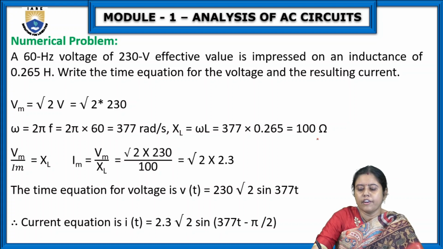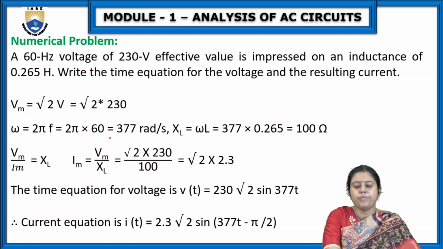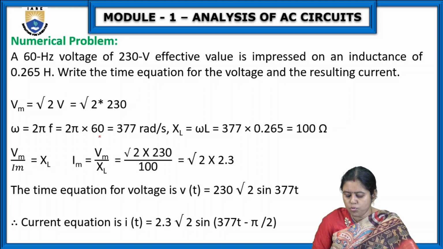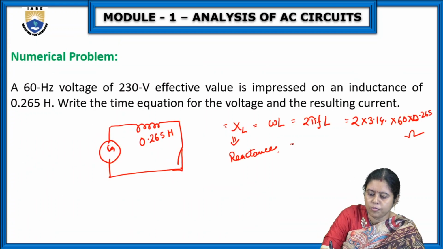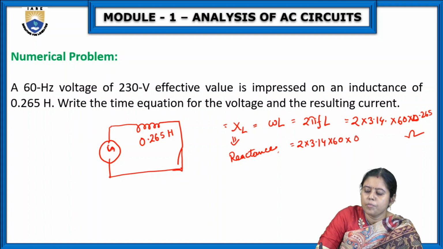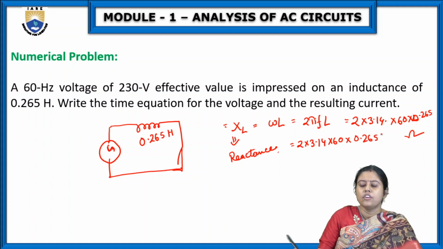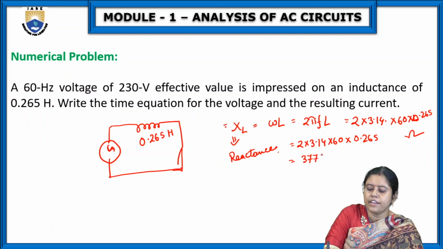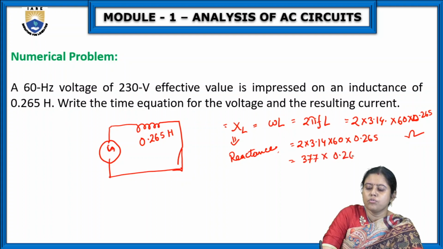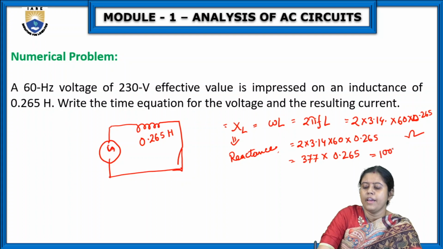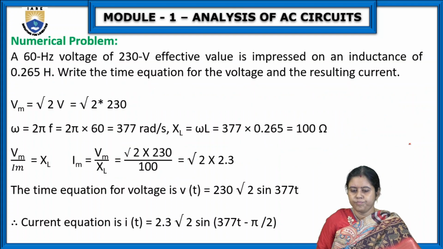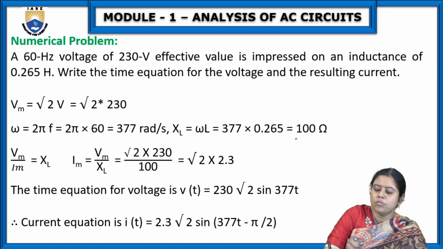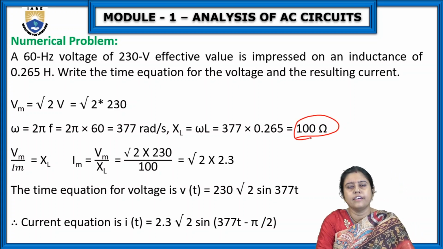First we have 2 pi f, which we already discussed: 2 into 3.14 into 60 into 0.265. This value is 377 into 0.265, which comes to almost 100 ohm. So the value of XL is 100 ohm.